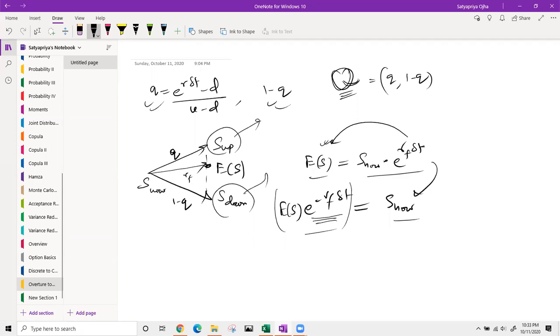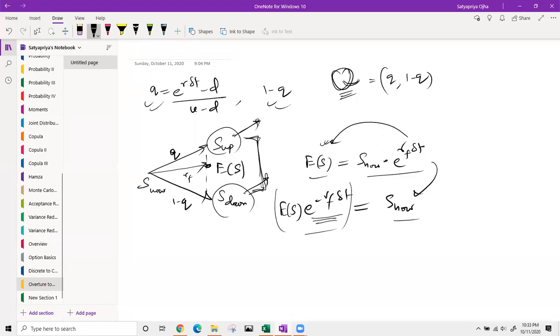See, expected stock price grows at risk-free rate. So the average of the stock prices here would grow at risk-free rate. If I discount these future stock prices already, then the average would remain equal. It will not grow.